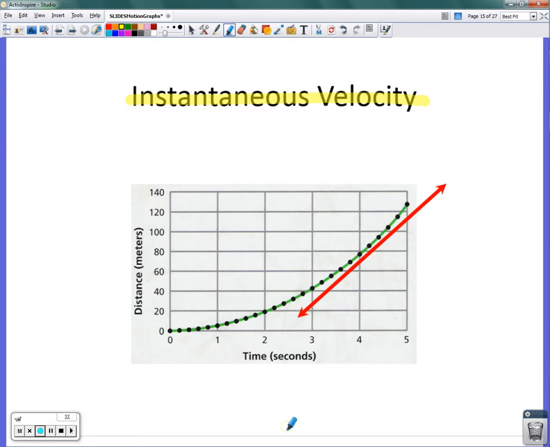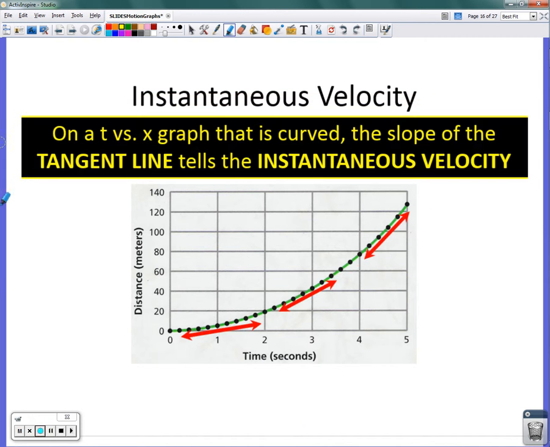If you're not familiar with the term, instantaneous refers to something that is occurring right now. So while this graph represents a velocity that is changing, we can figure out what the velocity of that object is at any specific moment by looking at the slope of that tangent line.